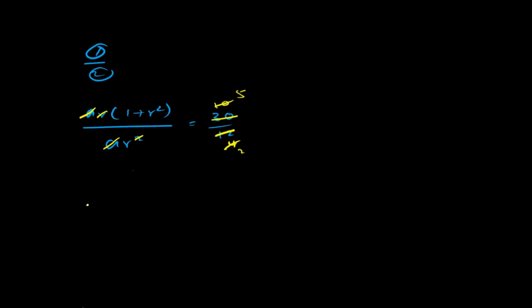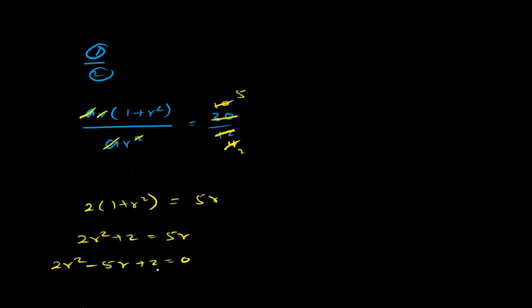So do the cross multiplication: 2 times 1 plus R square equals 5 times R. Remove the brackets. You will get 2R square plus 2 equals 5R. Take the 5R to the other side: 2R square minus 5R plus 2 equals 0. Now you have a quadratic expression in R. Factorize it.